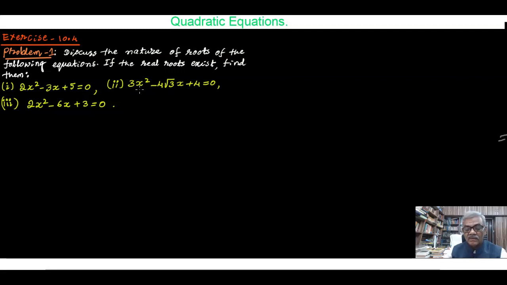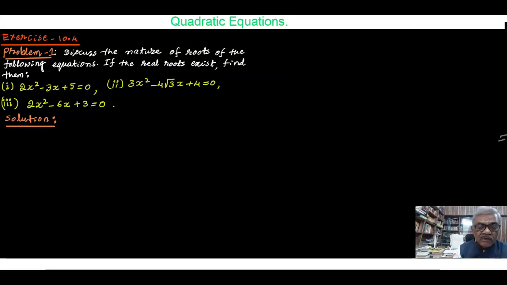The second one is 3x square minus 4 root 3 x plus 4 equal to 0. The third one is 2x square minus 6x plus 3 equal to 0. I will discuss the nature of the roots of these 3 equations one by one.